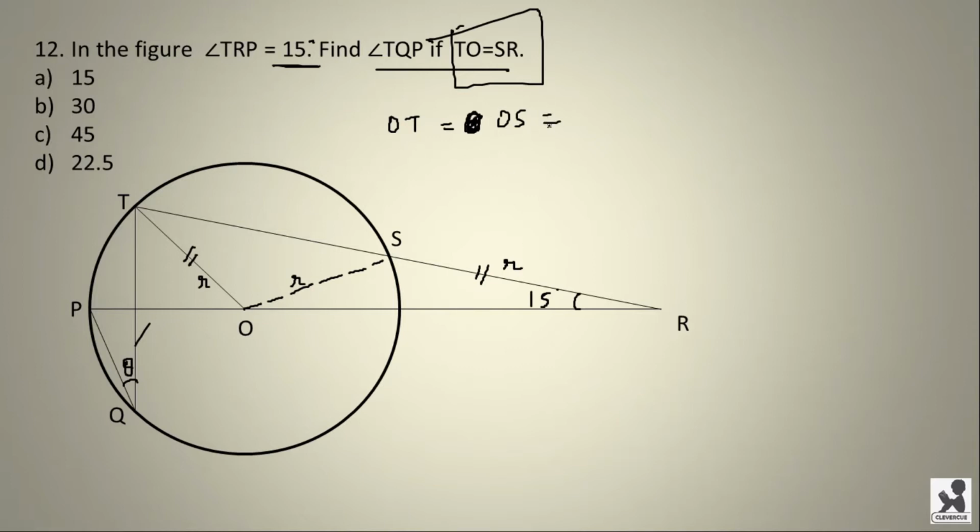So OT is equal to OS is equal to SR. Since we have this equation, we can see that angle SOR is also equal to 15 degrees, because the triangle SOR is an isosceles triangle.